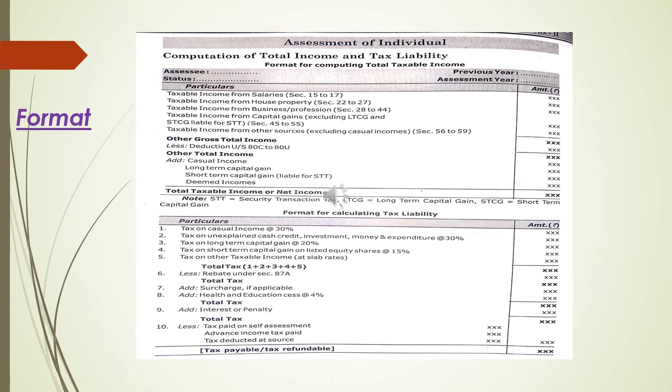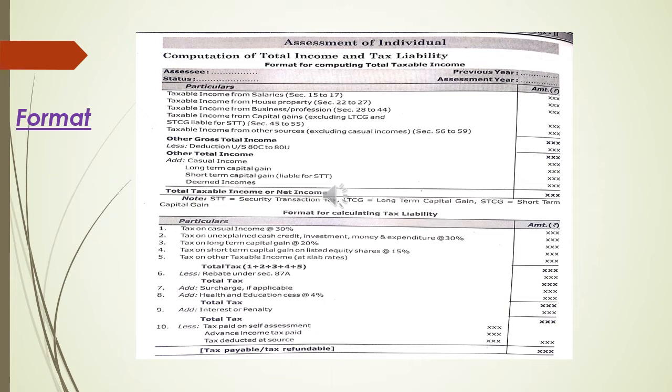Now we have to add it back: casual income, long-term capital gain, short-term capital gain with STT, and any other deemed incomes if there are any. All that we have to add back to arrive at the total taxable income, which is also called as net income.